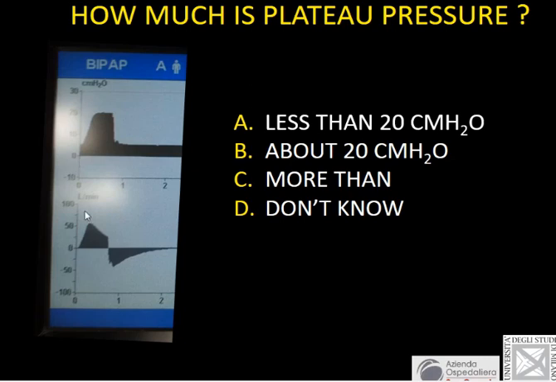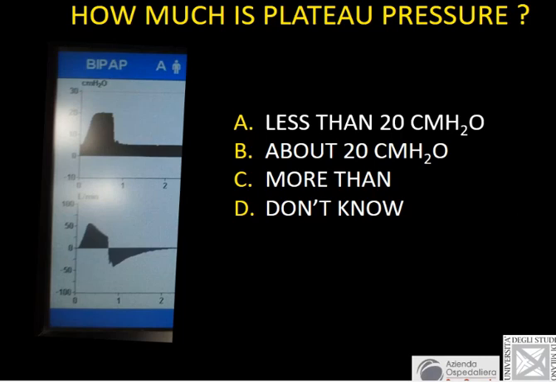Pressure and flow. How much do you think plateau pressure is? Who of you think is less than 20 centimeters of water? This is 20, okay? A? B? Who goes for B? Who goes for A? Who goes for C? Who goes for D?